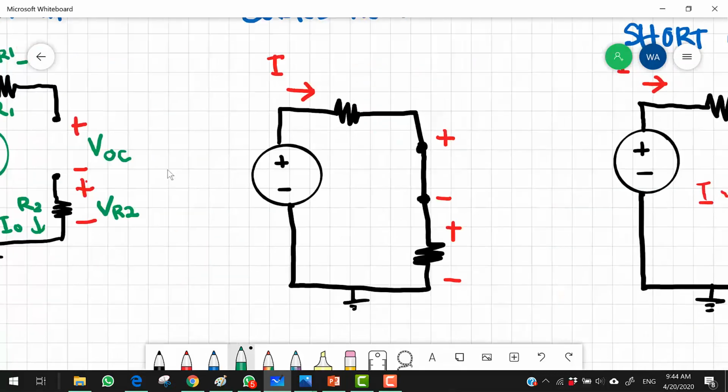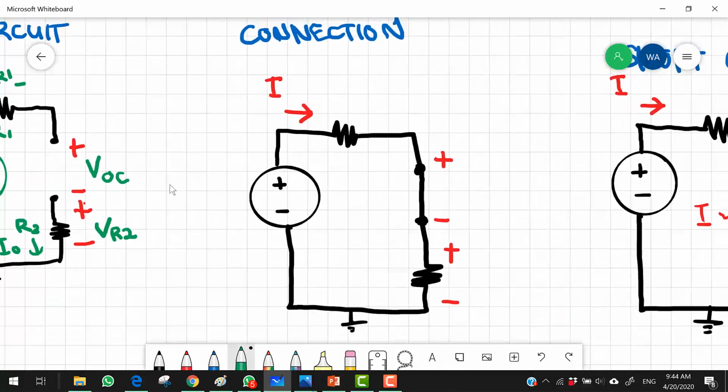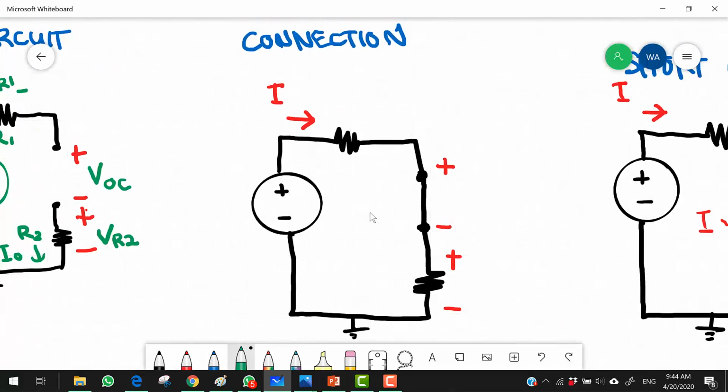Okay. What if I were to have a connection between these two terminals that were initially open circuit? So if I were to have this connection here, let's call this voltage voltage C, for connection.